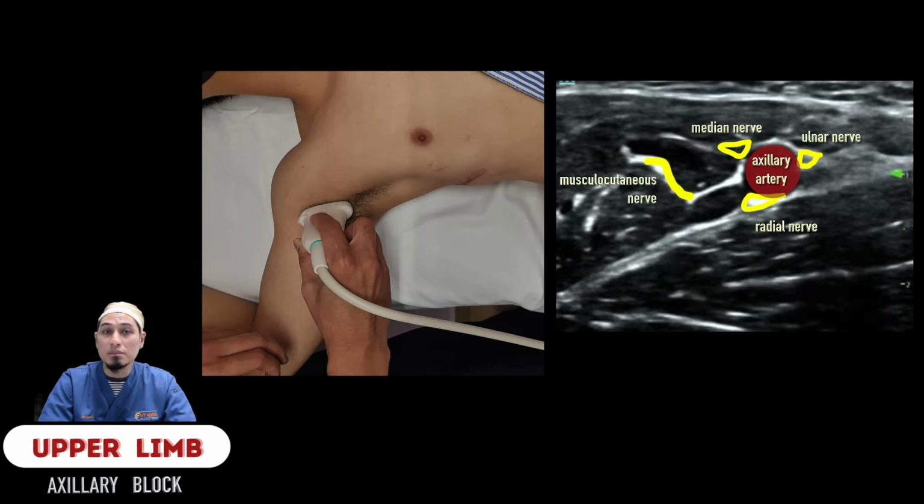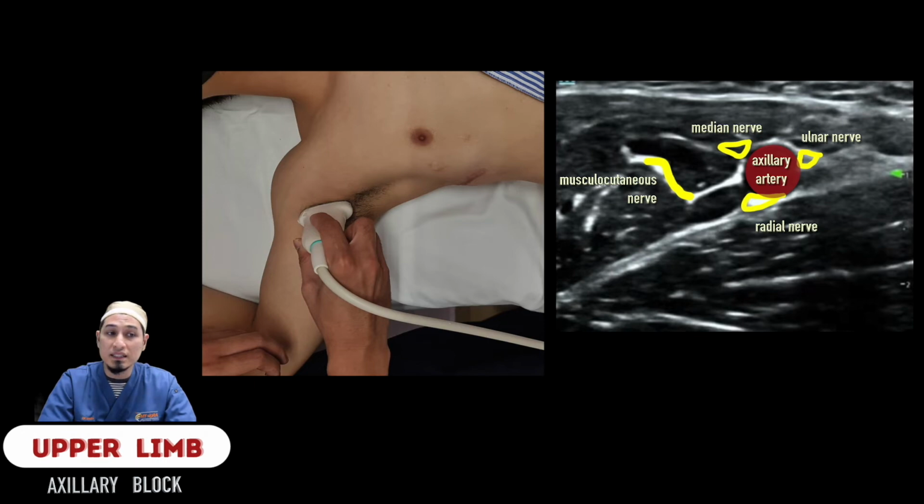Finally, the musculocutaneous nerve usually lies within coracobrachialis, but it is the most variable in location. It can lie anywhere along the musculofascial plane and may even be adjacent to the artery. To identify the musculocutaneous nerve, slide the probe laterally to image the coracobrachialis.